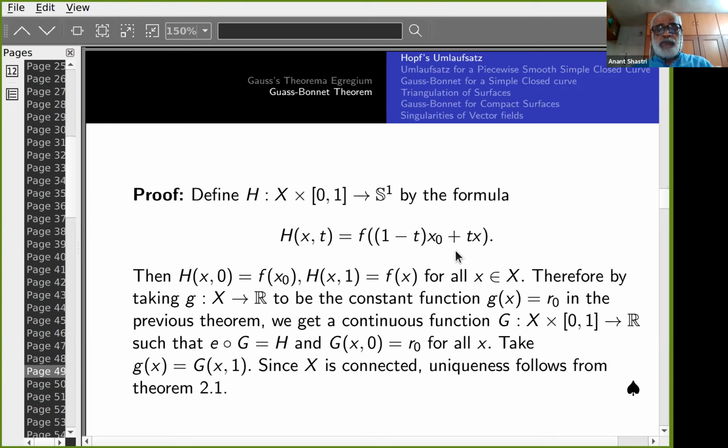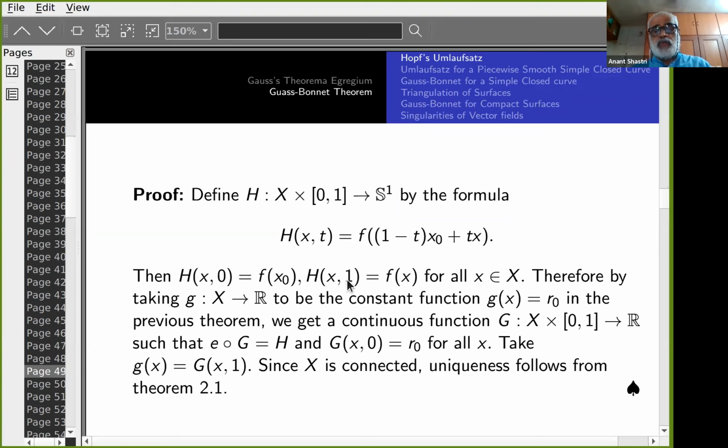The important property of this is, just now I told you, if t is 0, then this t x goes away, this is just x0. This is f of x0. So for all x, it is f of x0, which means that this is a constant function. H of (x,0) on the entire X is a constant function.